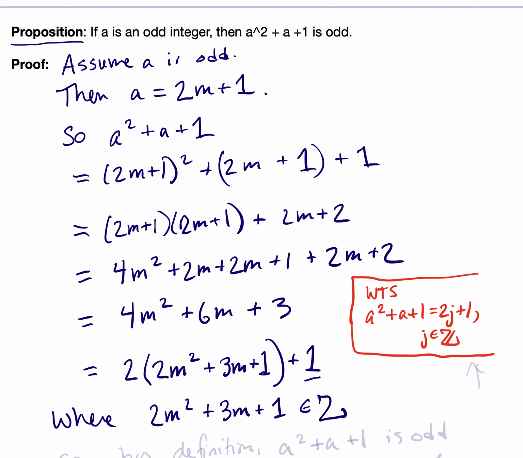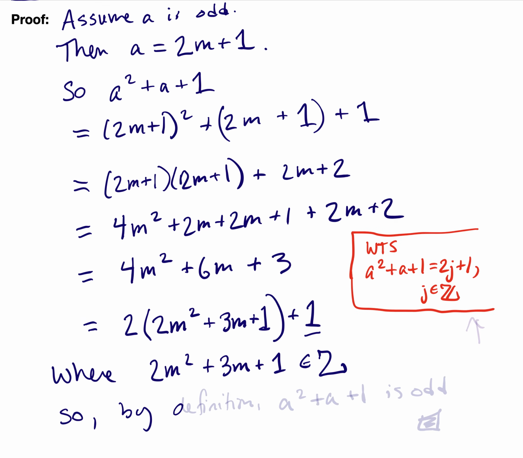And so, by definition, a squared plus a plus 1 is odd. So we've finished that proof.